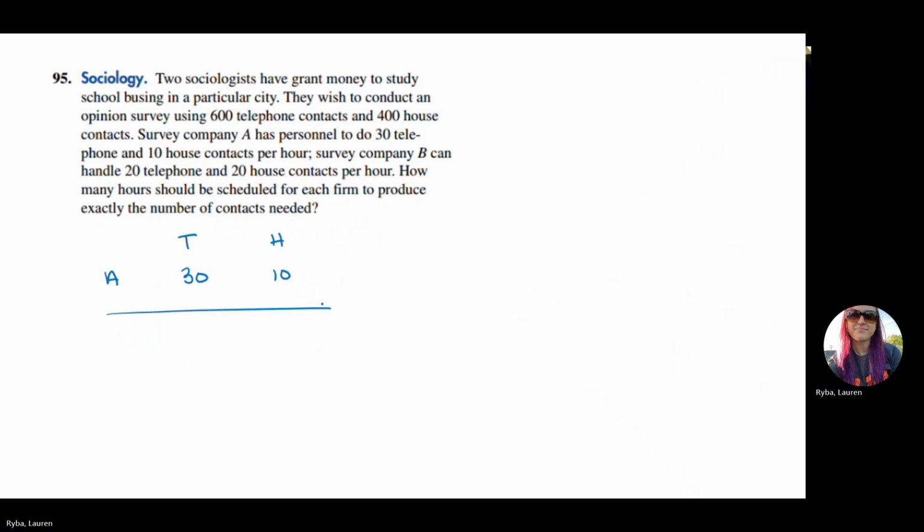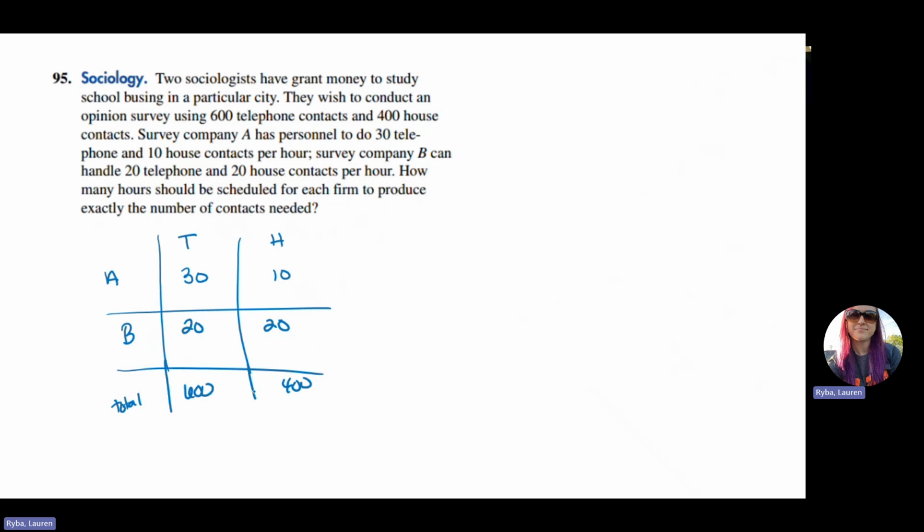Survey company B can do 20 and 20. Now, it says they wish to conduct 600 telephone. So my telephone is a column. So here's my total. So 600 is down here and 400 house. So you can see how my total is now a row instead of a column.